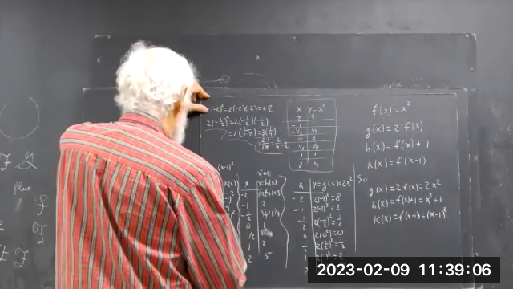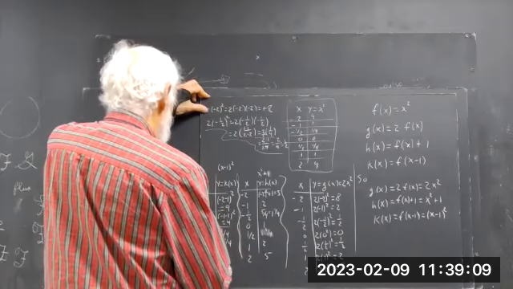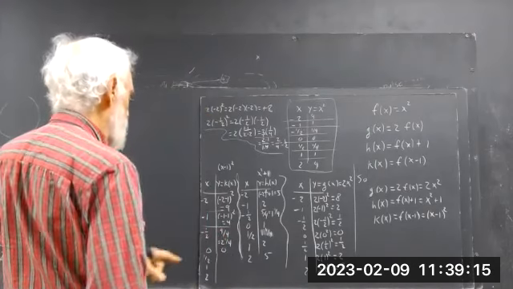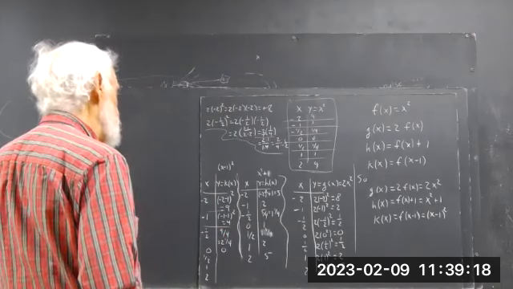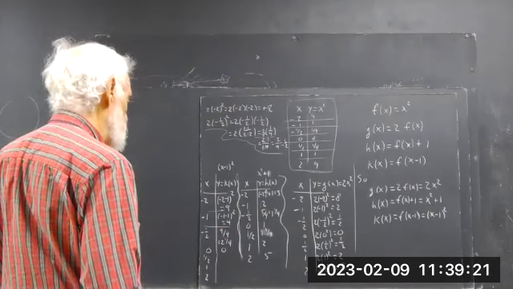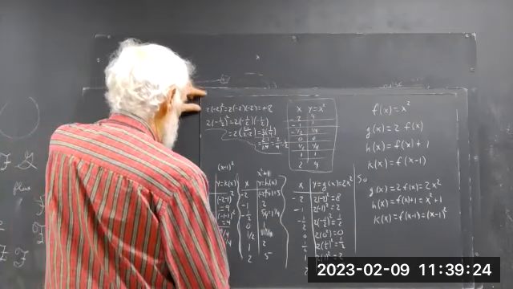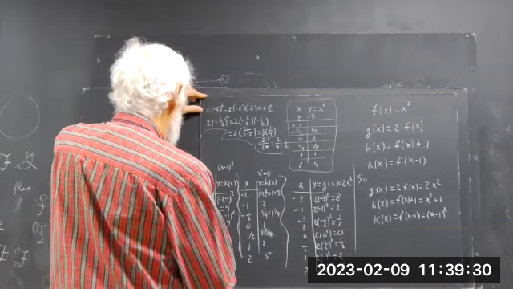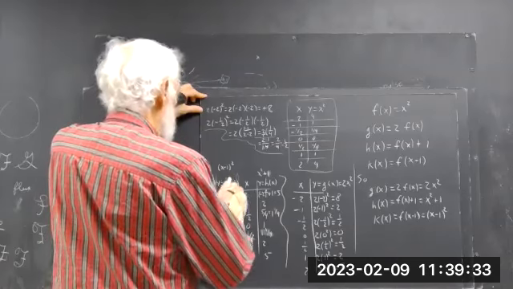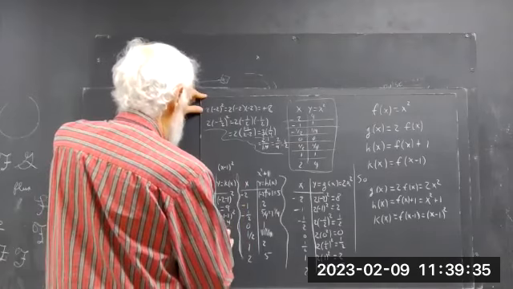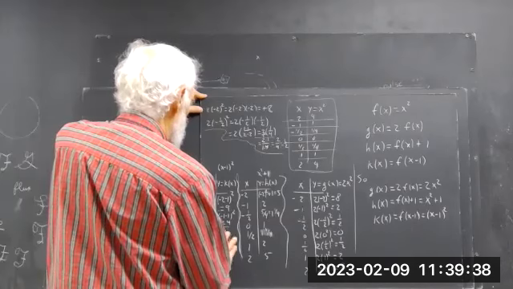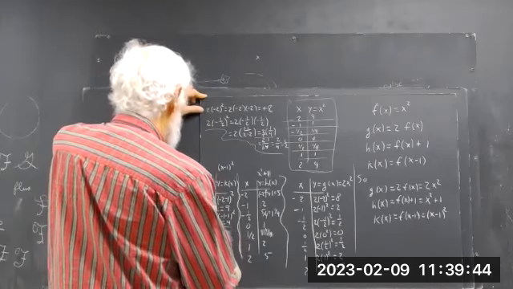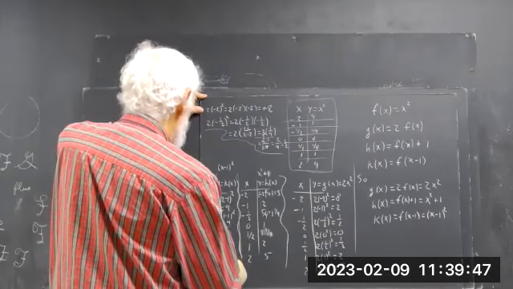And if x is 0, you're going to get 1. If x is 1/2, you're going to get 1/2 minus 1 squared. Uh-oh. I made a mistake in this one.